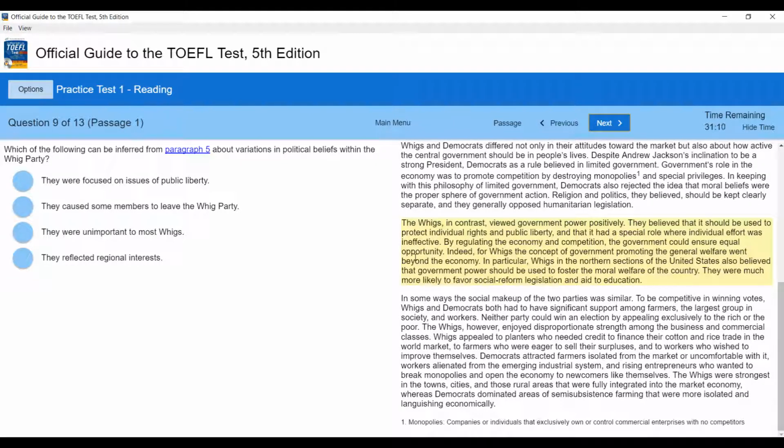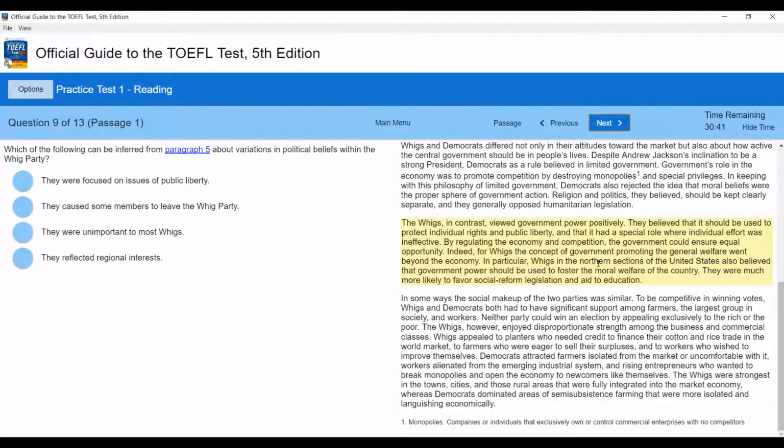Indeed, for Whigs, the concept of government promoting the general welfare went beyond the economy. In particular, Whigs in the northern sections of the United States also believed that government power should be used to foster the moral welfare of the country. They were much more likely to favor social reform legislation and aid to education.